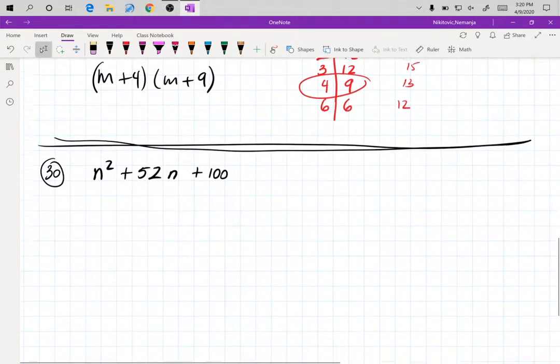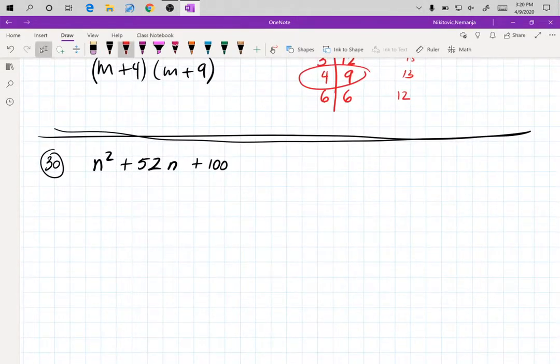So what do we do? Well, always the same. Immediately factor 100. 1 and 100.